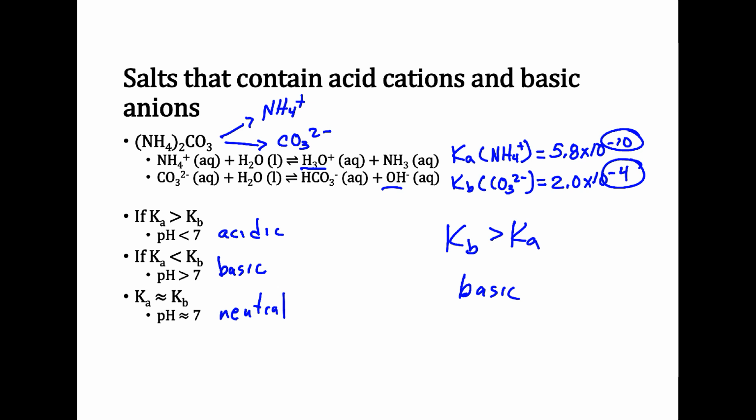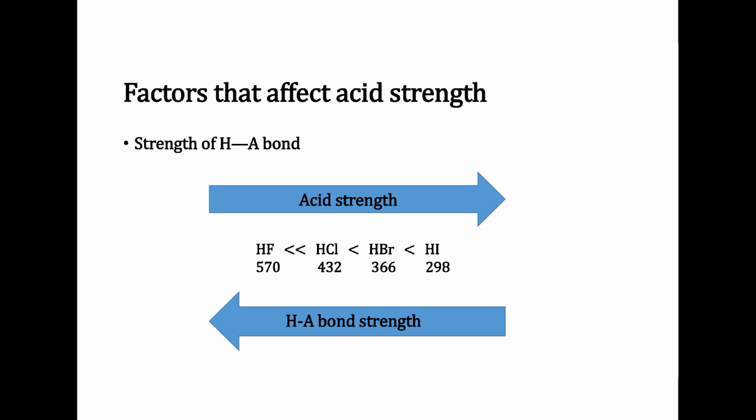So let's go ahead and think about some of the factors that can affect the acid strength. One of the factors is the strength of the covalent bond. What we'll see is that bond strength is inversely related to the acid strength. The strength of an acid is based off of the extent of dissociation.